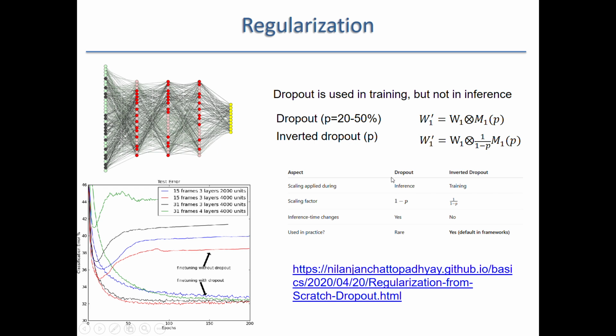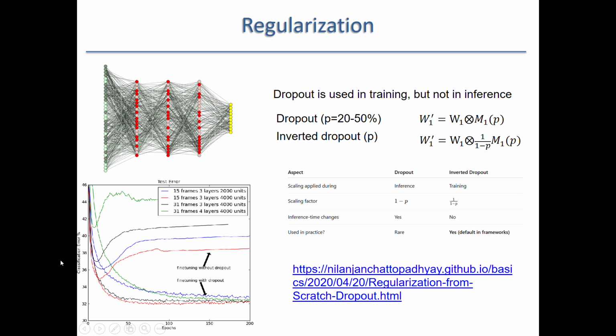You have to account for the fact that the network was learning with vectors that had a smaller amplitude. In practice it is not used, and the one that is used is this one: you do the scaling during the training, and at inference you simply keep the whole matrix W1.